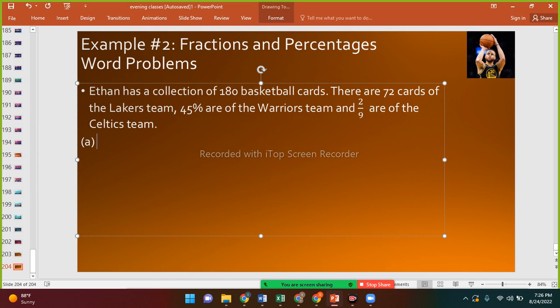Question: calculate A, the fraction of Lakers cards.